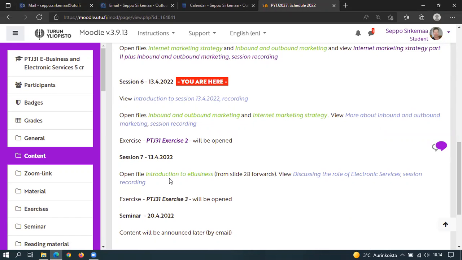This is the first slide set that we did look at in the very first session already. And now it's time to look at the remaining slides from this slide set. So from slide 28 forwards till the end.